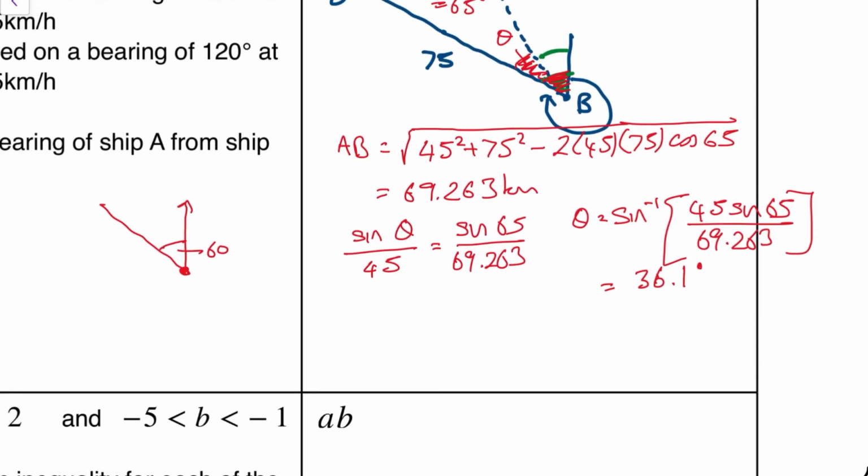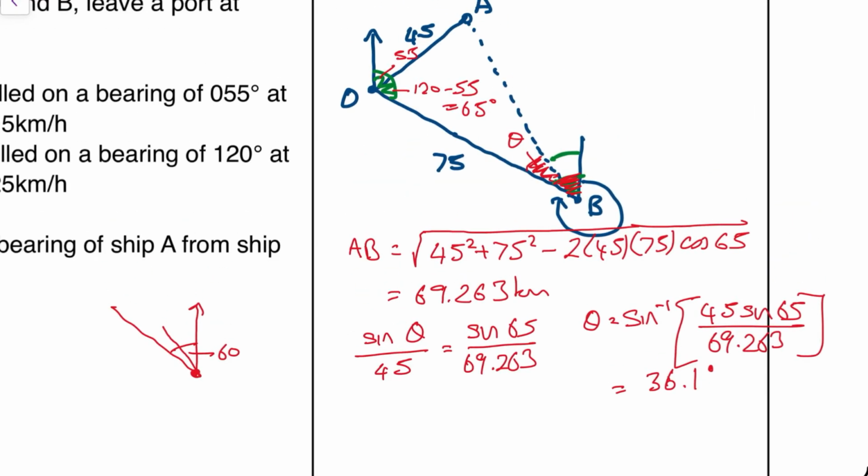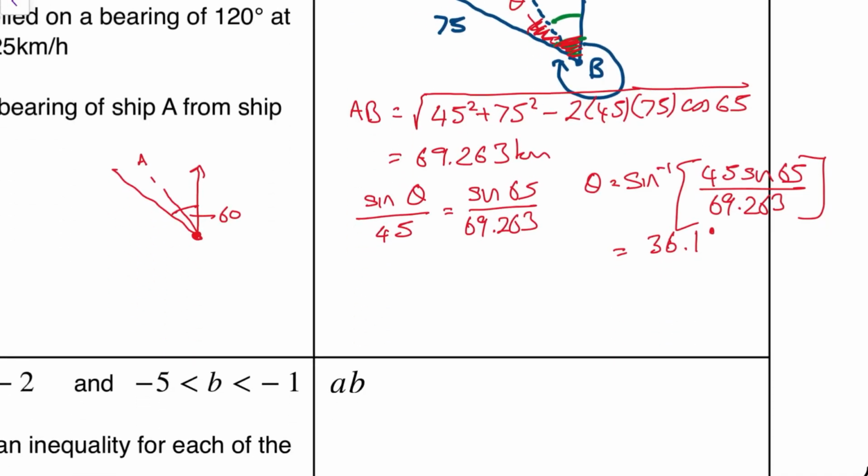I've then worked out that the portion of the angle that gets me between, in other words, the AB line, so this is the line that goes to A, that part of the angle there is 36.1, which means, I'm going to do it a different color again, that this angle here is going to be 60 minus 36.1, which is equal to 23.9.